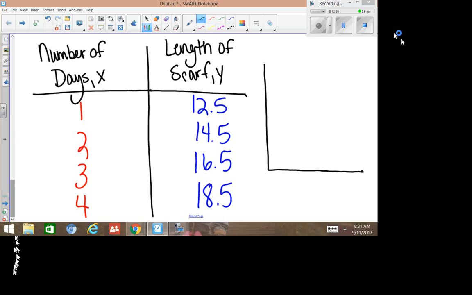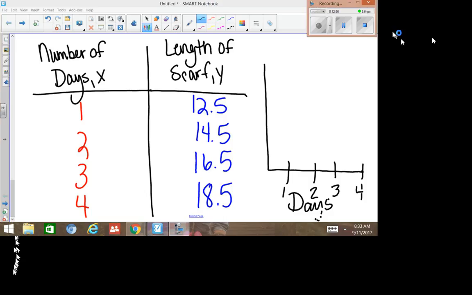It goes up in days by 1, 2, 3, 4. 1, 2, 3, 4. Let's go ahead and get it graphed. On this one, I'm going to count by twos.